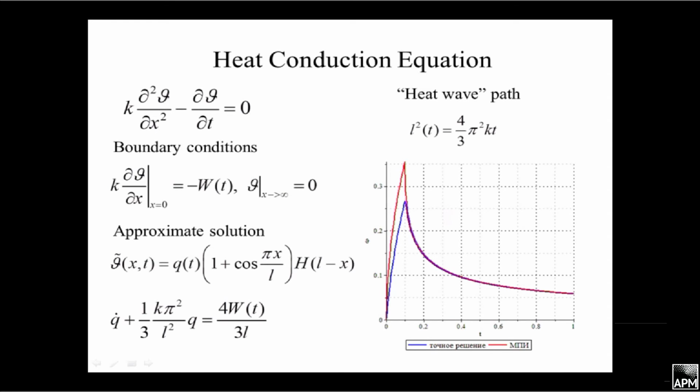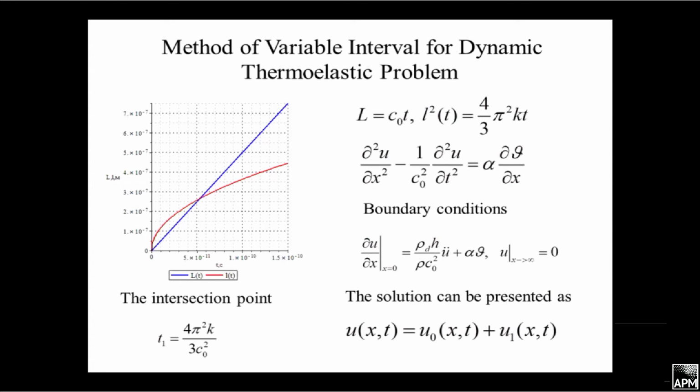So after that, we can now return to our thermoacoustic problem. We need two intervals. Here you see L for the propagation of sound, and L here is the propagation of temperature, of heat. And it's a graph here with the intersection point.